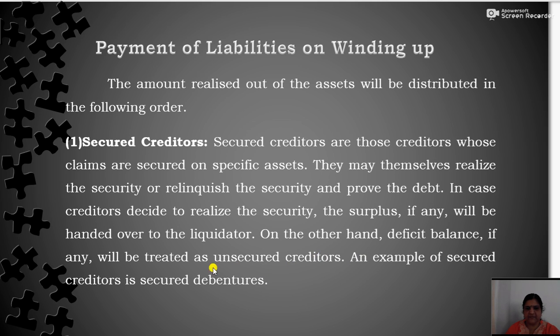Now, an example of secured creditors is secured debentures. So, the first item appearing while making payment of liabilities is secured creditors, or the first person to be settled is secured creditors. Now, who are secured creditors? Secured creditors are those creditors whose claims are secured on specific assets.